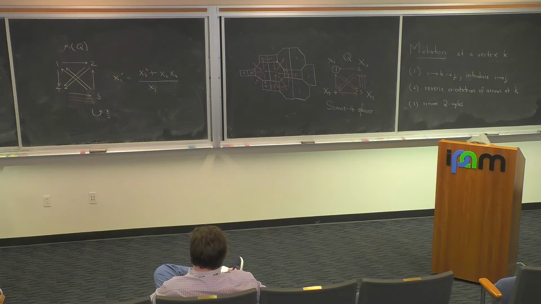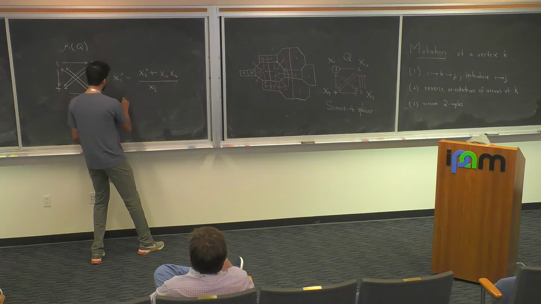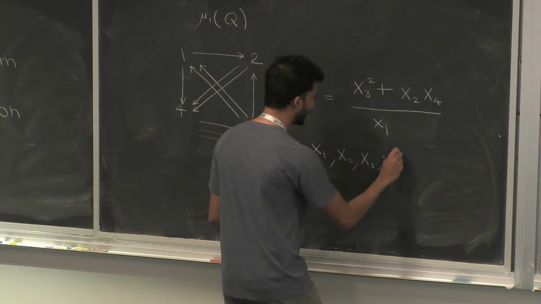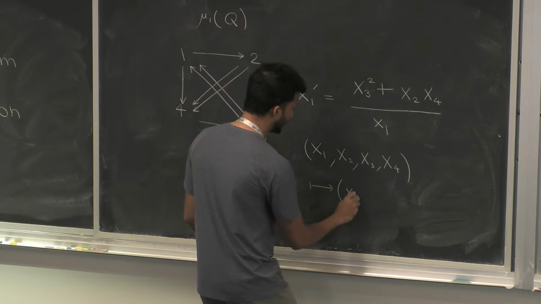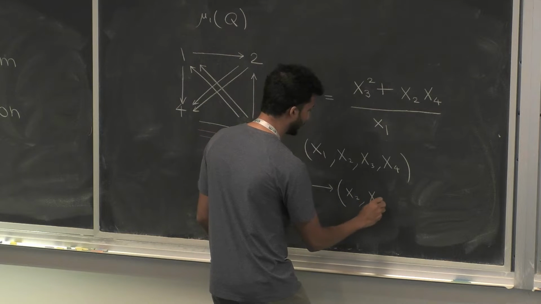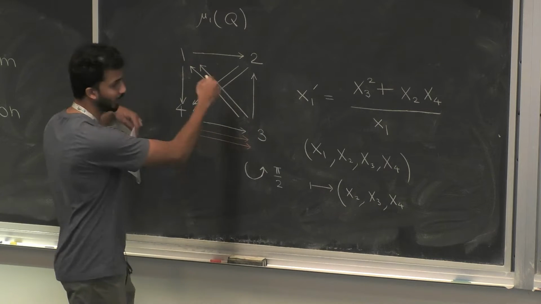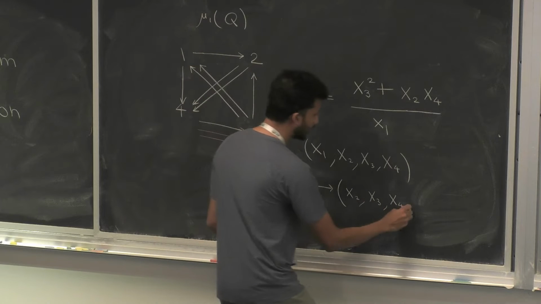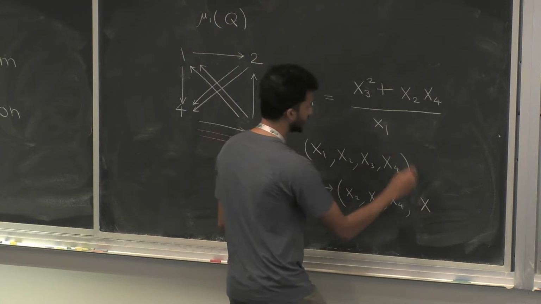But now if you apply this rotation, that corresponds to rotating the cluster variables. So what this operation gives you is a map from the initial cluster variables to a new set of cluster variables, where I've shifted the indices to rotate the quiver. So what used to be 1 is now 2. And the last one, which you can think of as x5, is this quantity.